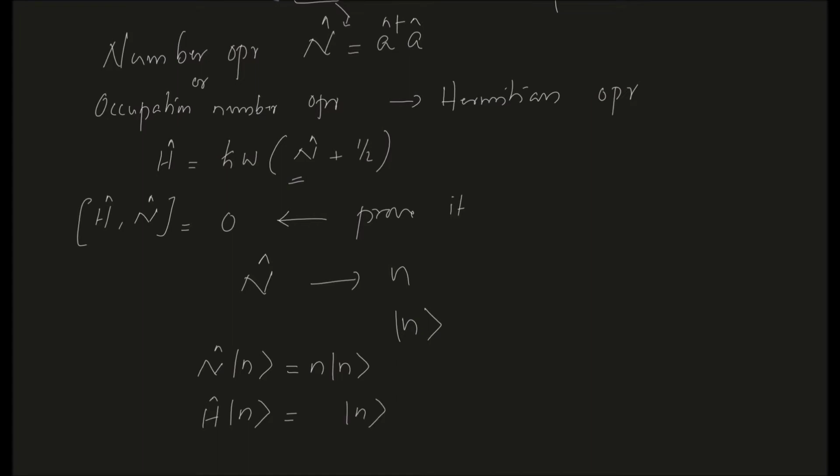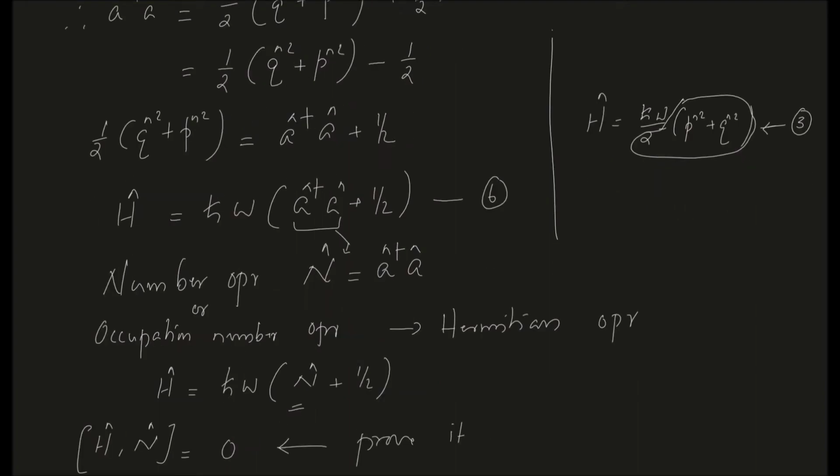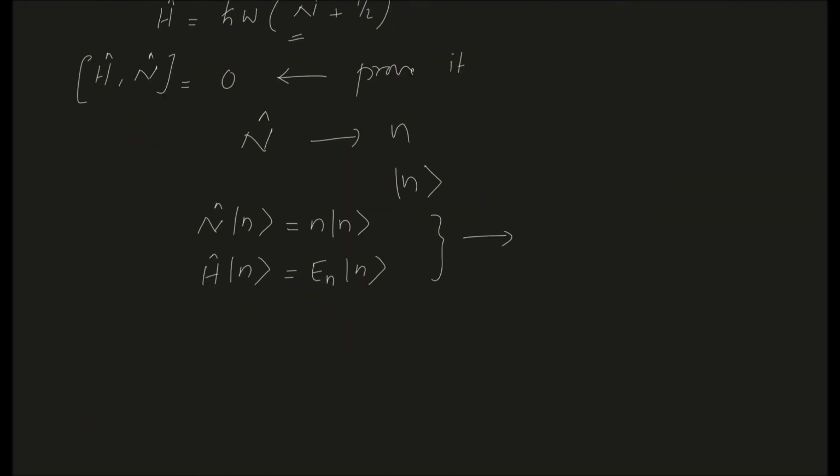Now we know that the Hamiltonian operator always gives the energy eigenvalue. So the eigenvalue that we get is the energy eigenvalue. So let's put this as our equation number. What was the previous equation? We had equation 5. So let's put this as equation number 6, and let's say this is equation number 7.